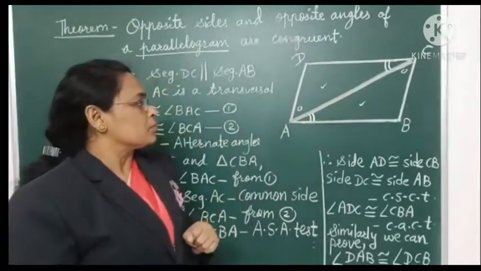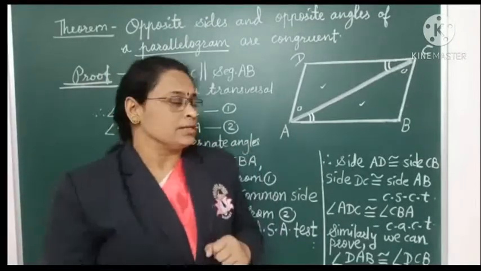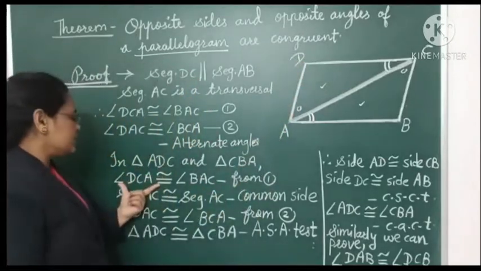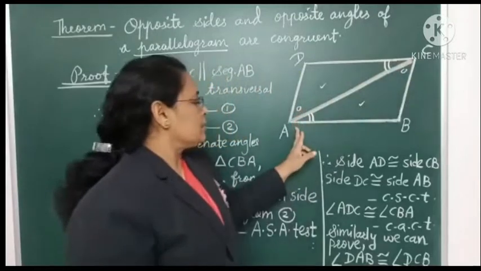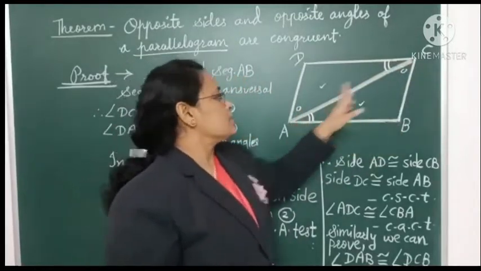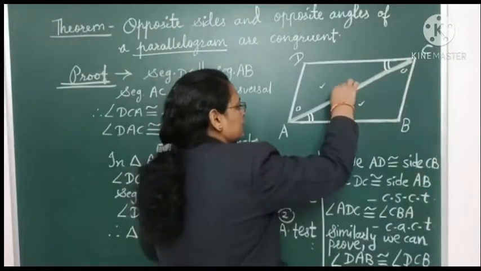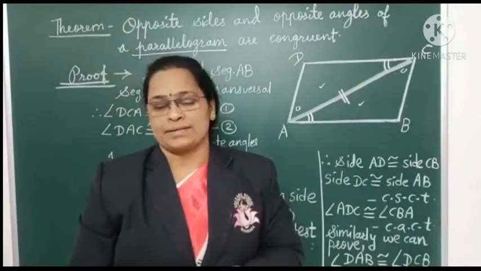Now let's prove that both the triangles are congruent to each other by using the test of congruency of triangles. Here already we have angle DCA congruent to angle BAC, alternate angles. Then side AC is congruent to side AC, that is the common side.